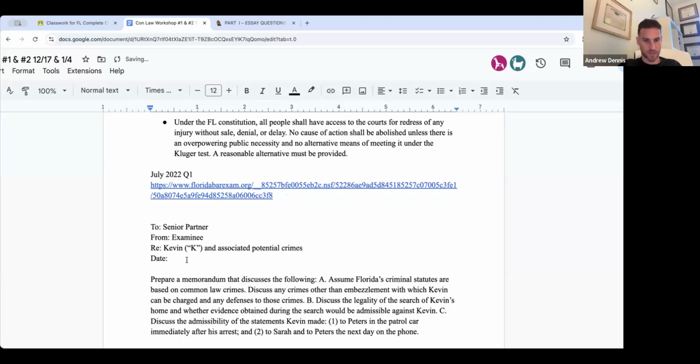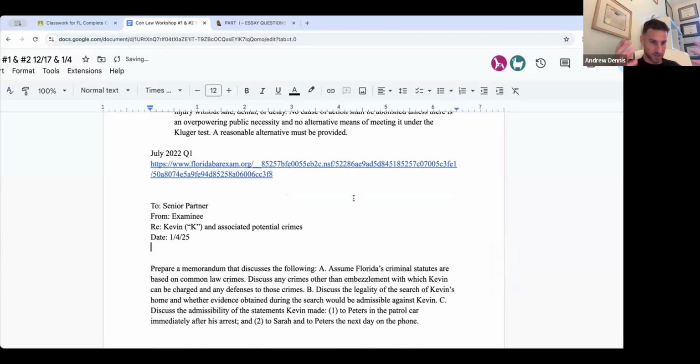And then date would be today, 1/4/25. Don't put too much thought into this. This is just structuring it. So then I would say this memorandum, I think we could just write memo, but they wrote memorandum. We'll discuss.